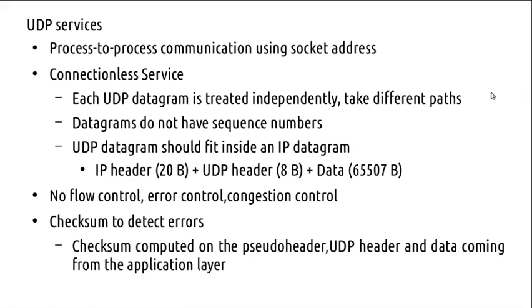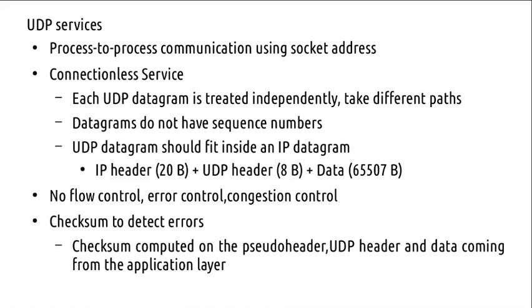Once it gets to the destination side transport layer, it is delivered, and if you lose a datagram, there is no way to recover it. So applications which need near real-time response can use UDP. Others can go for TCP.